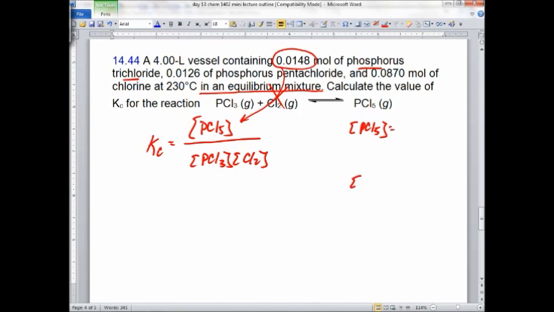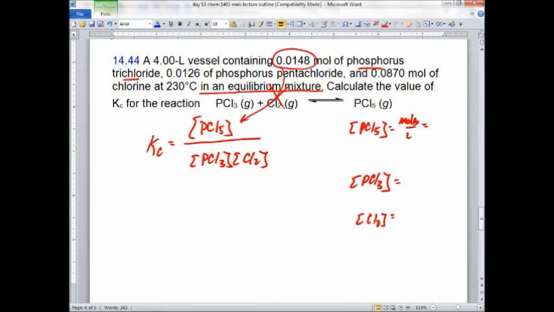And I want to do that off somewhere. How do we get molarity? It was what over what? Does anyone remember? It was moles over liters. So to get the concentration, the molarity of PCl5, divide what by what?